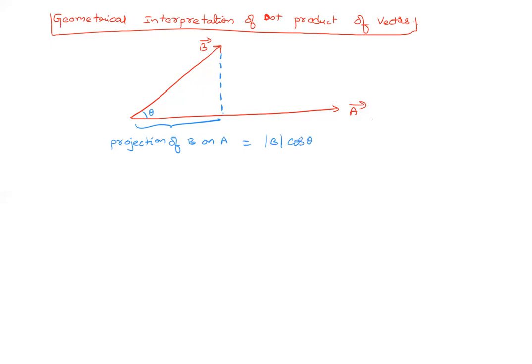This projection is also called the scalar component, which is mod b cos theta.